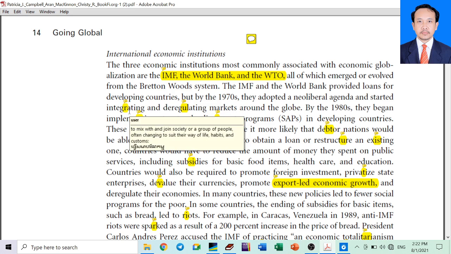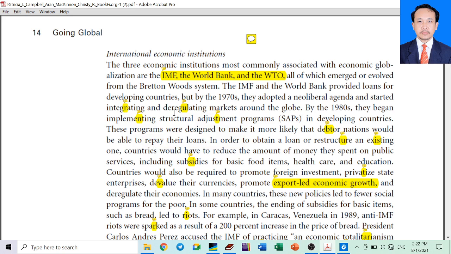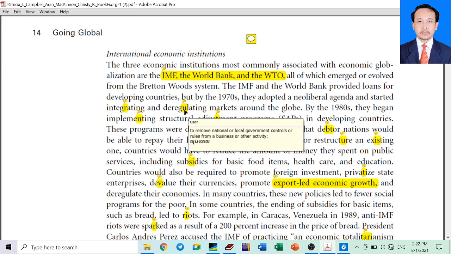Integrate: to meet with and join a society or group of people, often changing to suit their ways of life, habits, and customs. And deregulate: to remove national or local government controls or rules from a business or other activity.